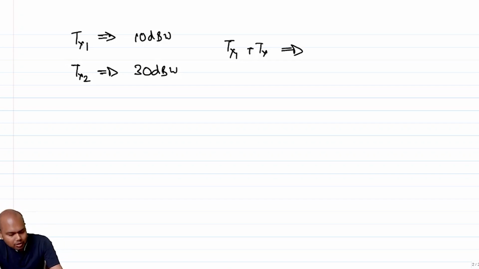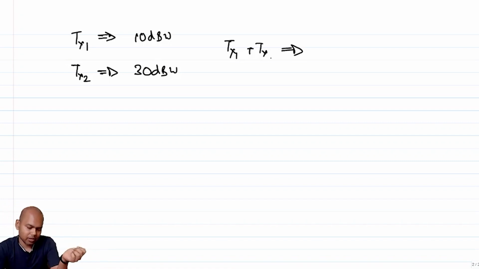Clearly no, because 40 dBW means 10x over 30 dBW. But in this case, my 10 dBW is in linear scale TX1 sending out 100x lower power than TX2. So if I combine both their powers, if one is 100 times lower than the other, adding those two powers barely changes the total power of TX2.